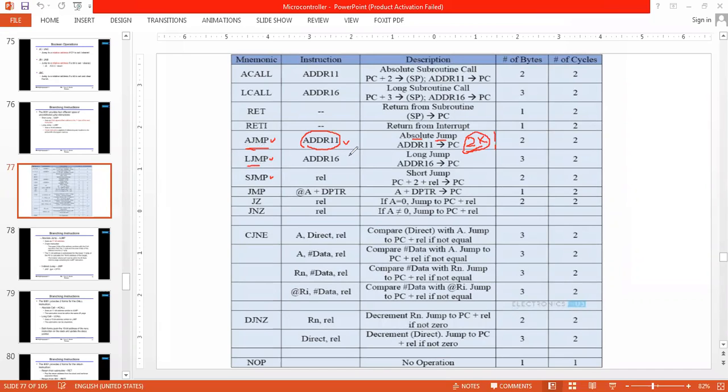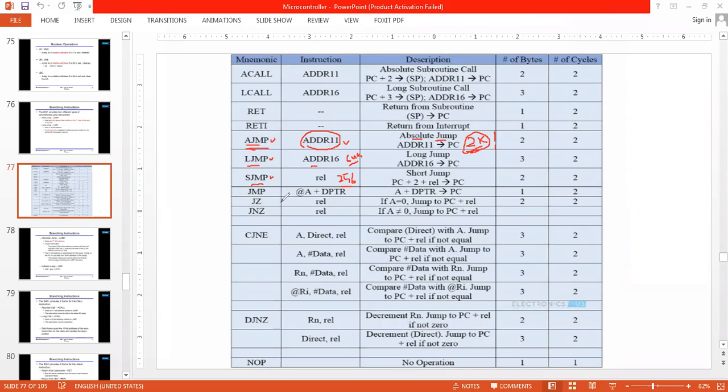LJMP will give me 64 kilobytes of jumping. SJMP will give me only 256 bytes. So there is a difference: SJMP short jump 256 bytes, long jump 64 kilobytes, and AJMP only 2 kilobytes of jump.